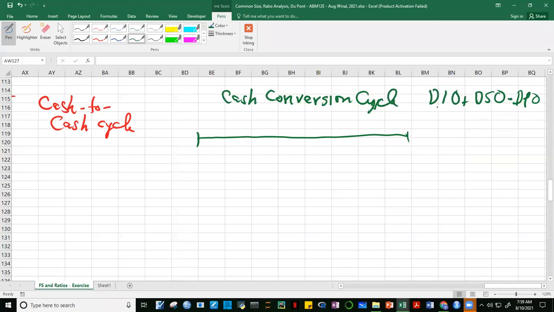Or this is simply your operating cycle kasi operating cycle to minus DPO. Okay, this is 75 minus 90 days DPO nila. So we have a result of negative 15.